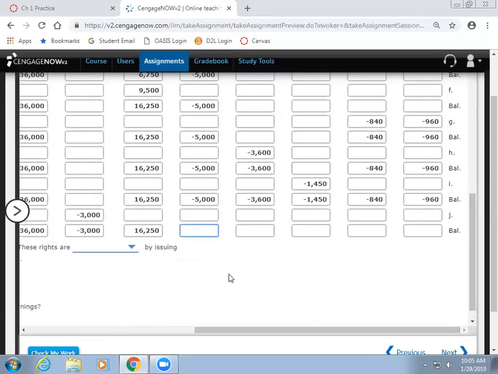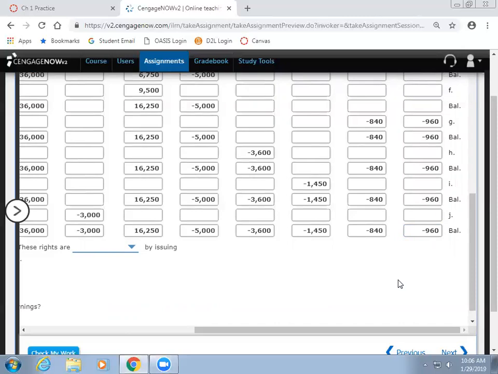And then we have all of our expenses. Rent expense, negative $5,000. Dividends of negative $3,000. Salaries at $3,600, supplies of $1,450, auto $840, and miscellaneous $960. Okay. So now we have logged all of the transactions for this first month of business.